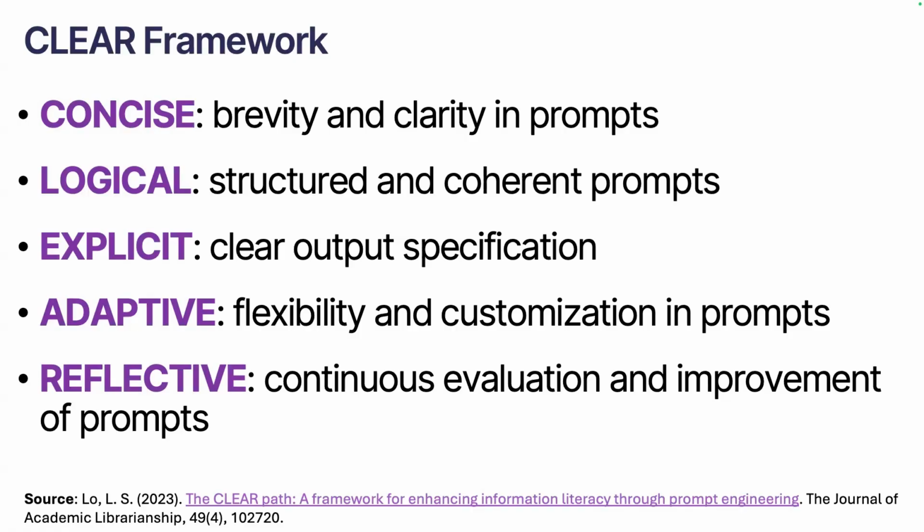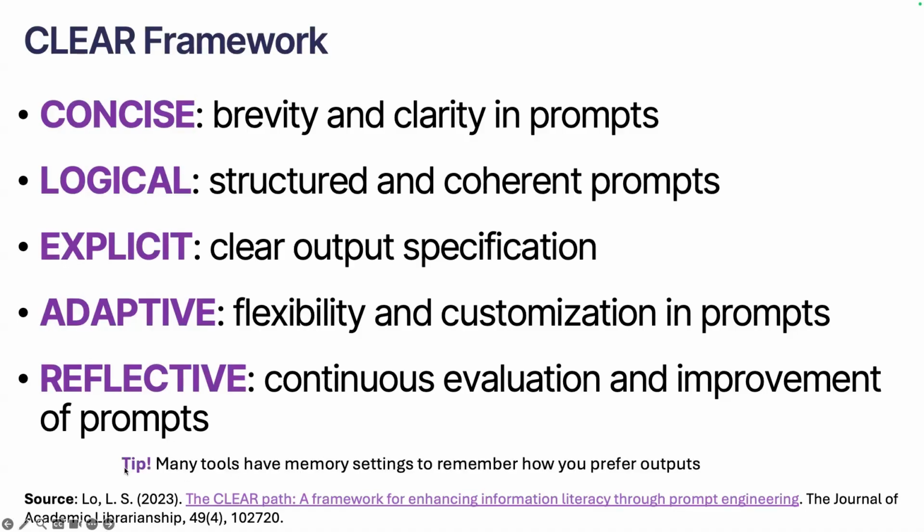But that's a constant for anything when you're using AI. But you want to think about how you can craft better prompts and learn from your experience as you go. And connected to this, if you find that you're using a lot of these specifications again and again, the tools all have memory settings, so you can specify how you want your output so you don't have to rewrite it every single time.